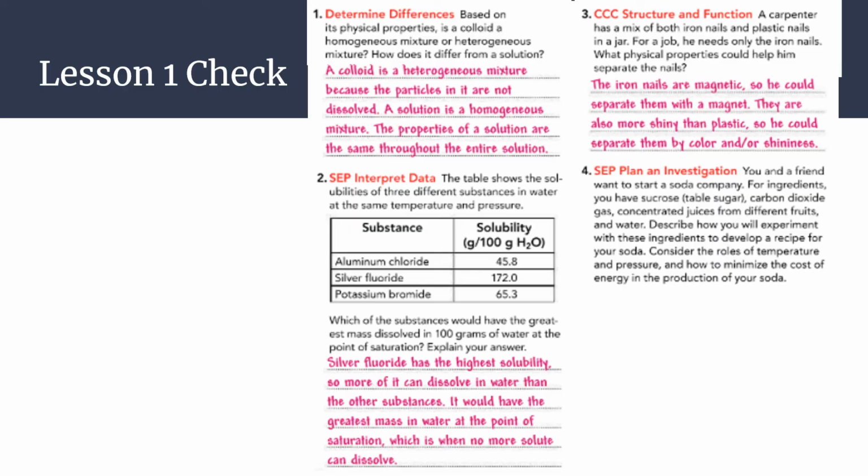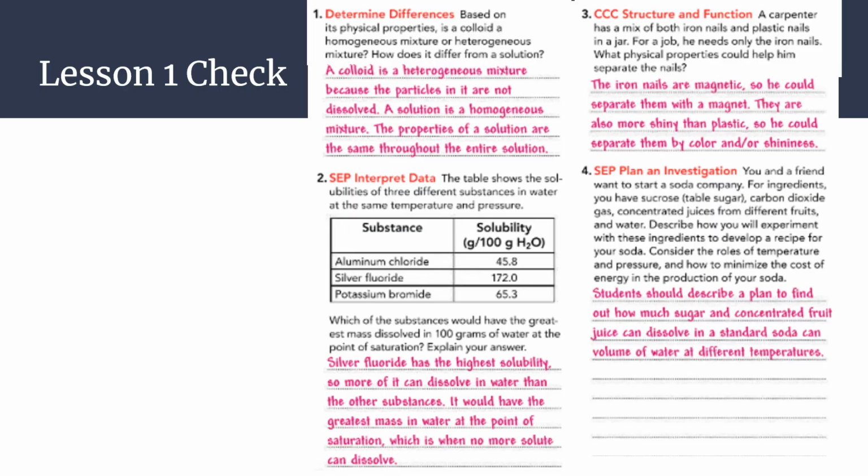So lastly, you and a friend want to start a soda company. For ingredients, you have sucrose, which is table sugar, carbon dioxide gas, concentrated juices from different fruits, and water. Describe how you will experiment with these ingredients to develop a recipe for your soda. Consider the roles of temperature and pressure and how to minimize the cost of energy in the production of your soda.